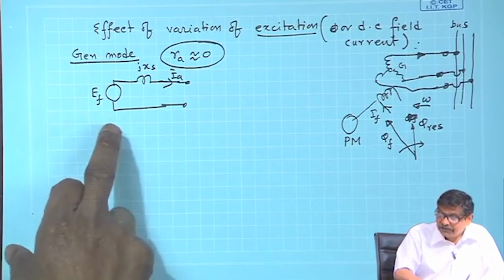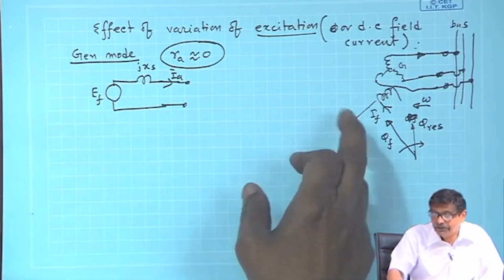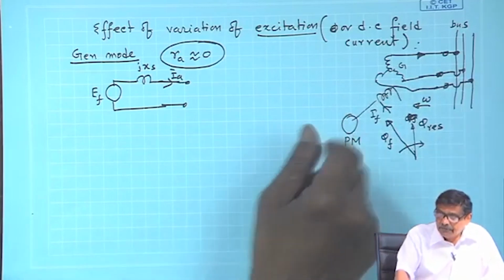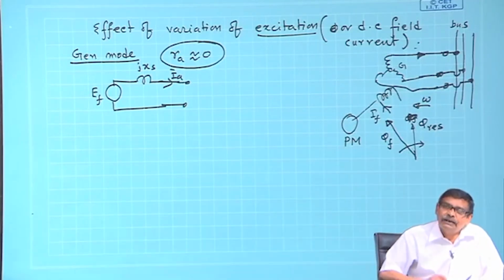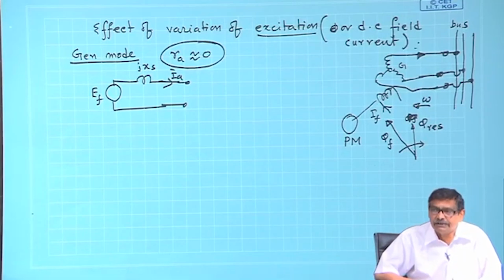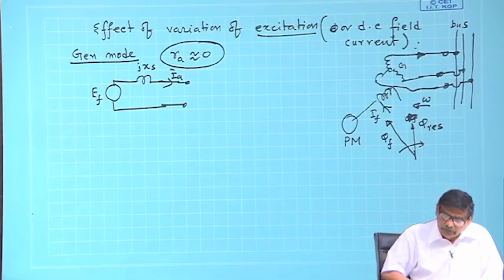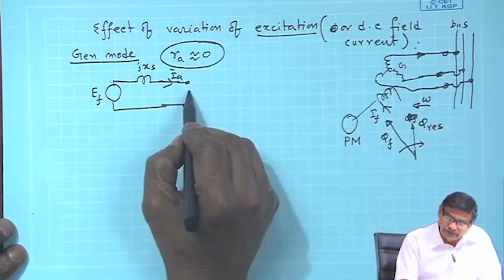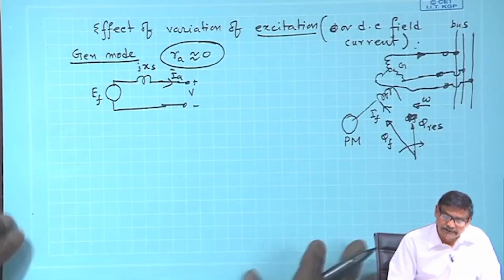So, your this small generator in the laboratory, if you have synchronized and increase the prime mover input, it will also contribute to the total demand of the load which is connected to the bus by a small amount, some kilowatt, say, if it is a kilowatt rating machine. So, load is already connected there in the bus, and this voltage is V. Is that clear?